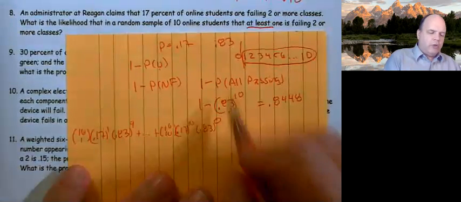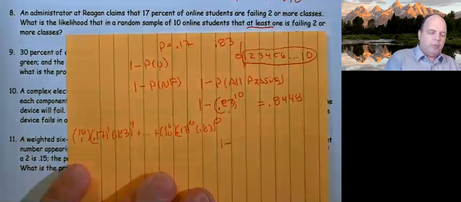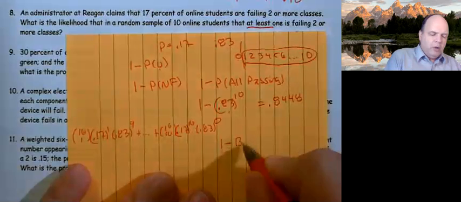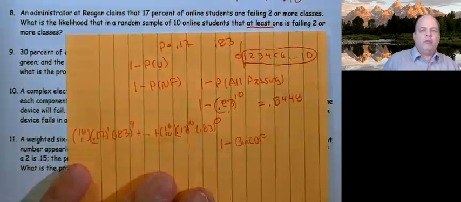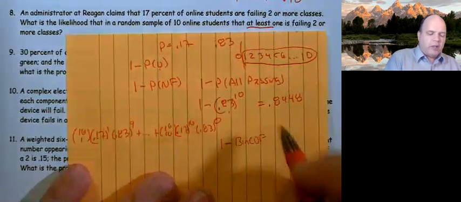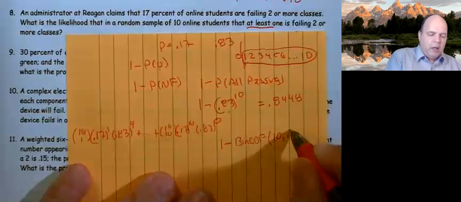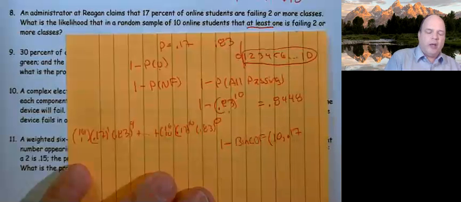On the calculator, we're still going to do a 1 minus because it's an at least problem. We know it's a binom, and we know it's a CDF because we have multiple values. Whenever it's the 1 minus, we subtract out what we don't want. But first off, our number of trials is 10. Our probability that they fail is 0.17.